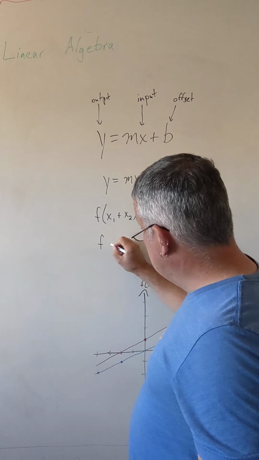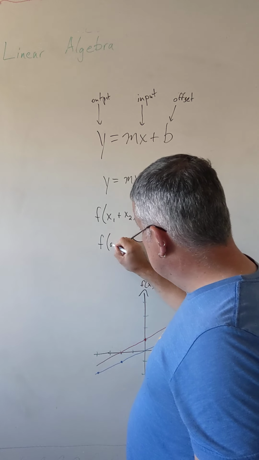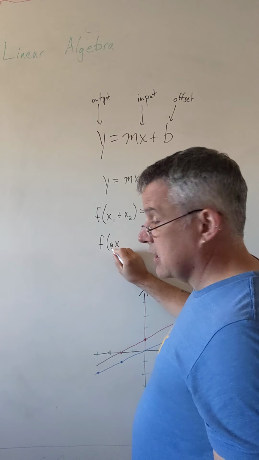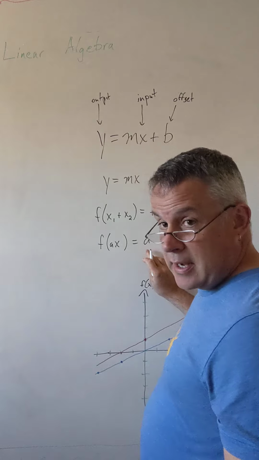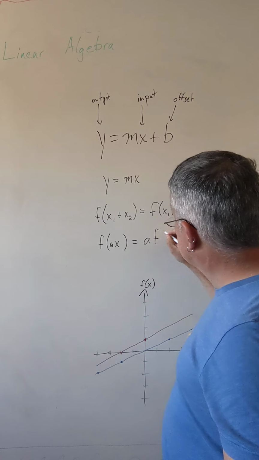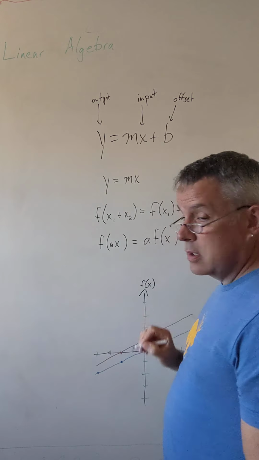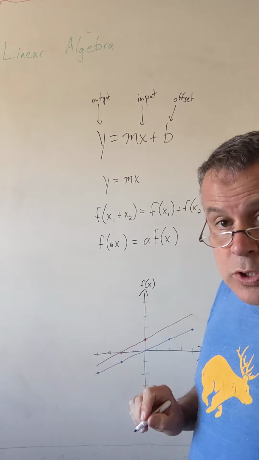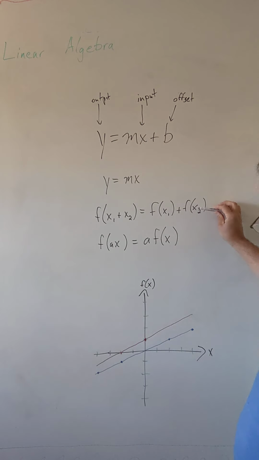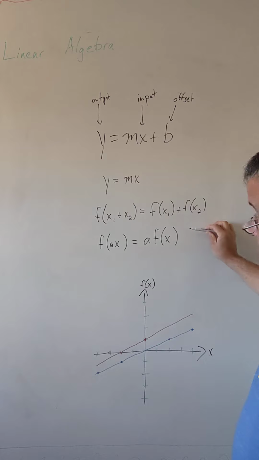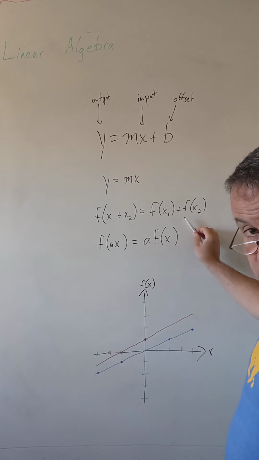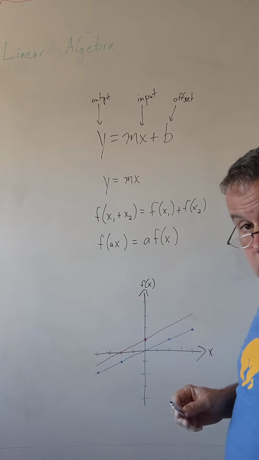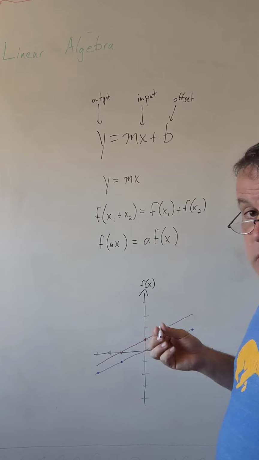And if you put in a scalar multiple, some constant multiplied times an argument, then the answer is equal to that constant times the function on the outside. So these two definitions for a function being linear are required. If you can prove these two steps of a function, then you know it's actually a linear function.